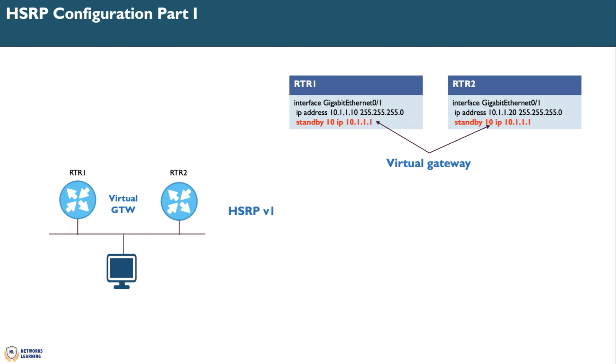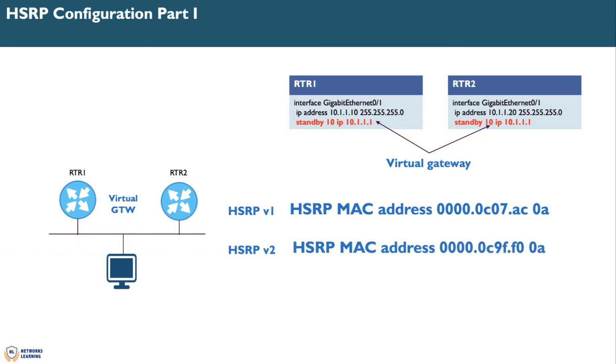In HSRP version 1, this standby address or virtual gateway 10.1.1.1 has a distinct MAC address, and the format is 0C07AC0A. For version 2, it's almost the same. It will end with 0A, but the format is different.